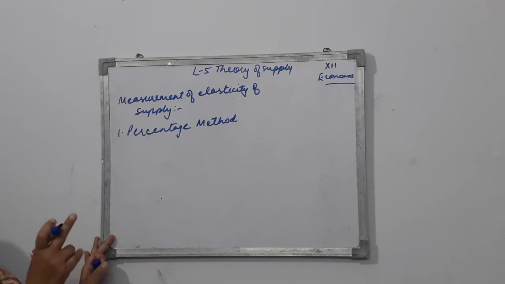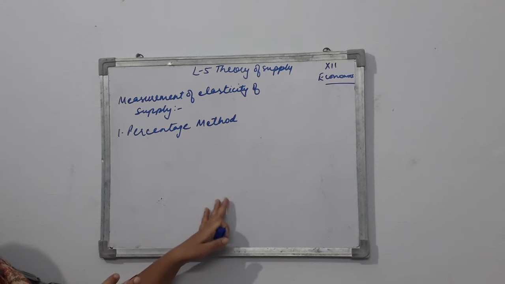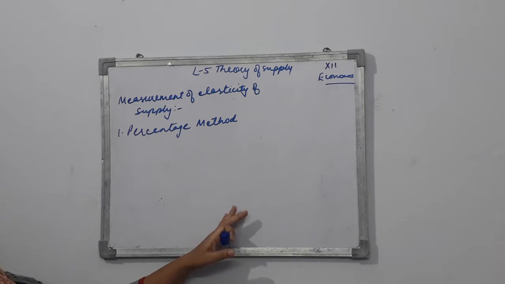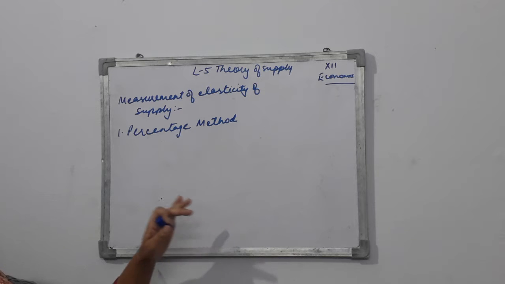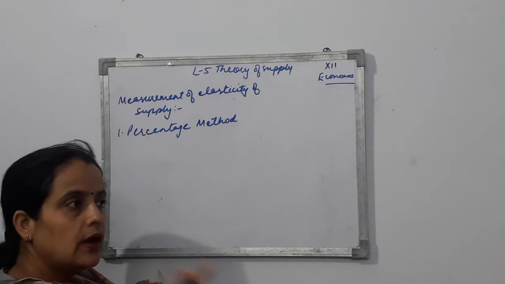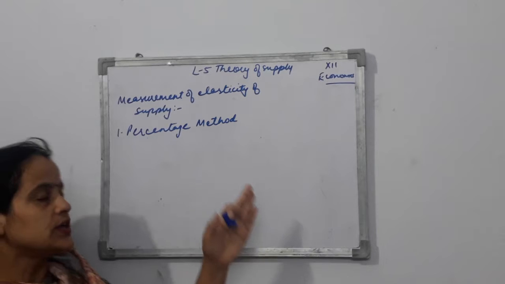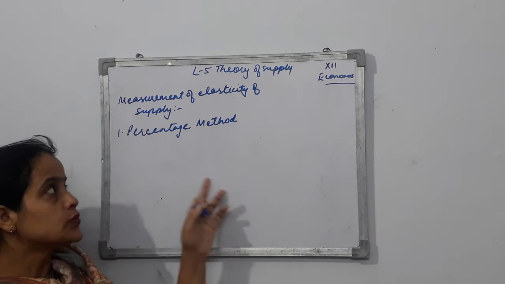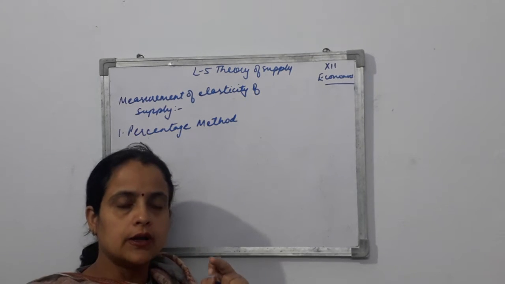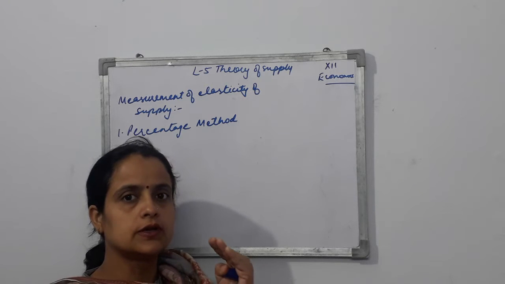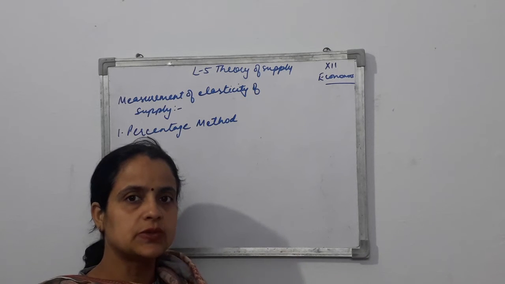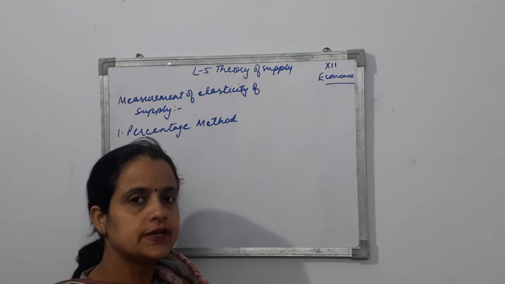That is the ratio of percentage change in quantity supplied of a commodity to a given percentage change in its price. Thus, the formula is going to be what? Percentage change in supply refers to the responsiveness of the change in supply to the percentage change in its price.